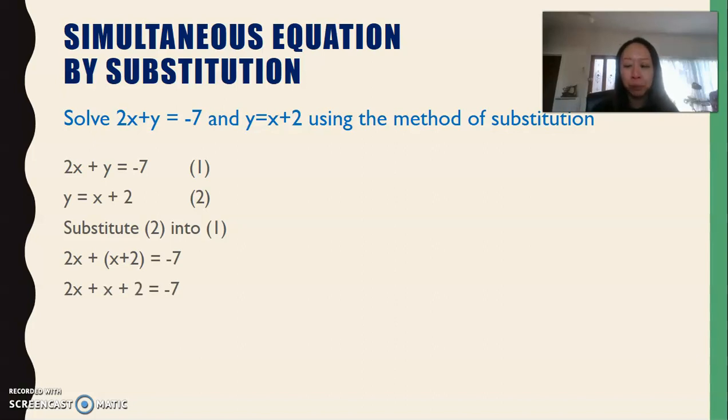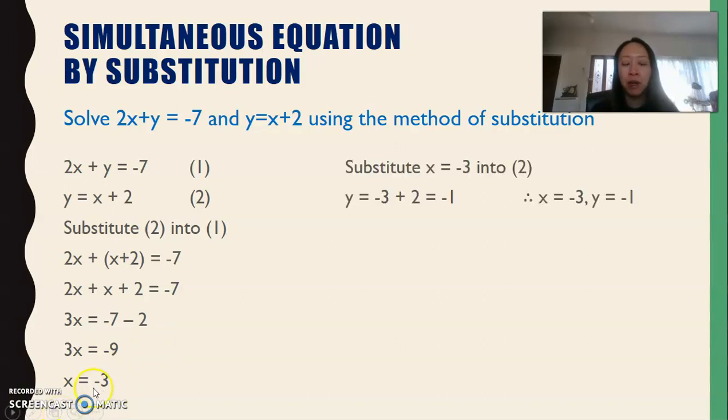We can simplify it first by distributing the brackets and then combining the like terms, and then by solving it we find that x has a value of negative 3. To find the value of y, we have to substitute x equals negative 3 into either one of the equations, but I would suggest substituting into the easier equation, in this case equation number 2.